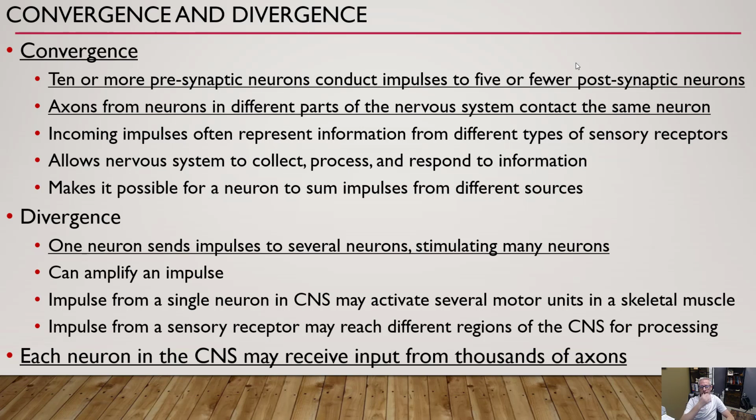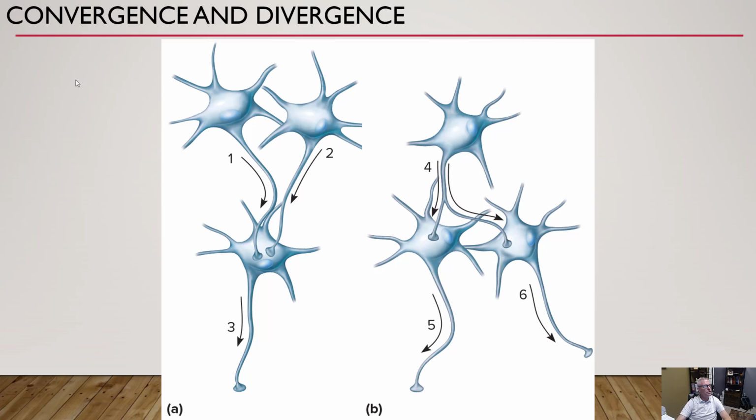In textbook definition, convergence is 10 or more presynaptic neurons that stimulate or inhibit 5 or fewer postsynaptic neurons. So here's just a picture of convergence, where it's showing 2 neurons that are stimulating 1 neuron.